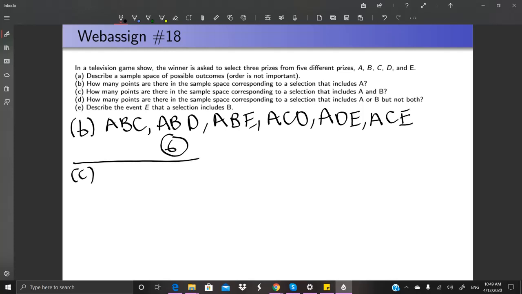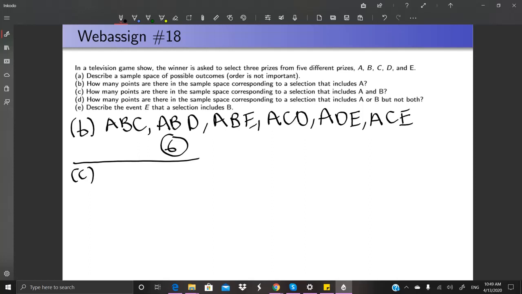How many points are there in the sample space corresponding to a selection that includes A and B? So now the idea is we're trying to include A and B at the same time, not just A. Well, we've listed in part B all the sample points that include the letter A. We just have to choose the ones that include both, right?